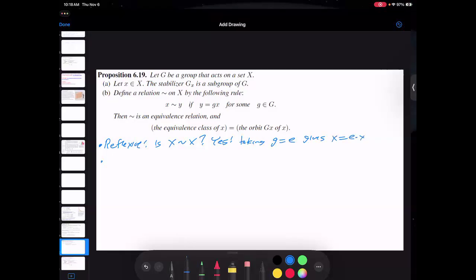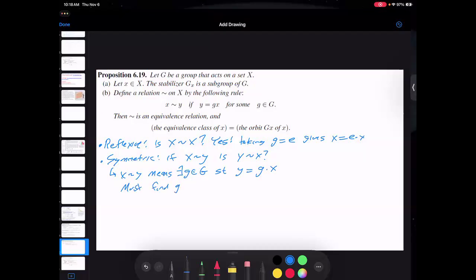So the next is symmetric. If x is equivalent to y, is y equivalent to x? Well, x equivalent to y means there exists a g in G such that y equals g times x. We need to find something in the group such that x equals that times y. So we must find g tilde in G with x equal g tilde y.